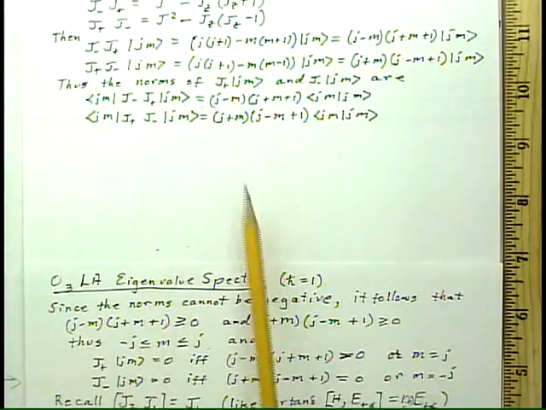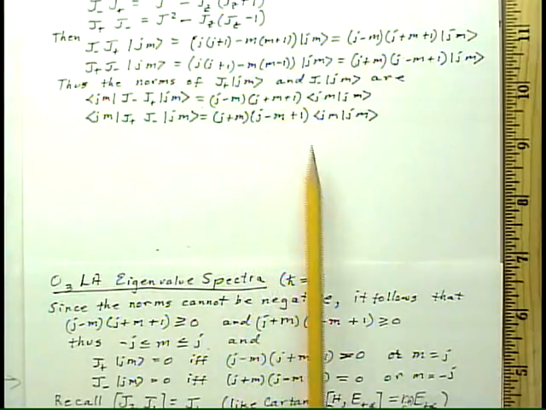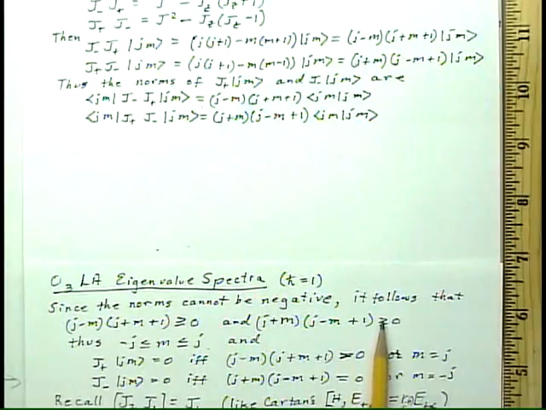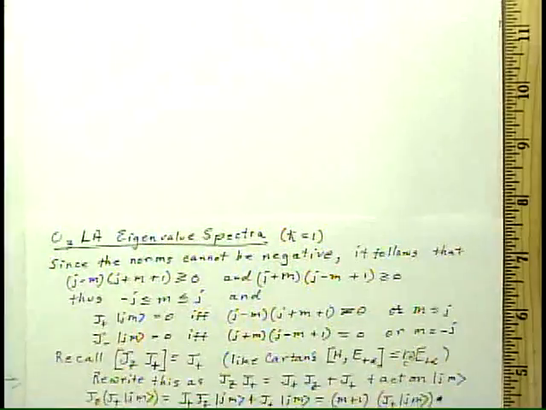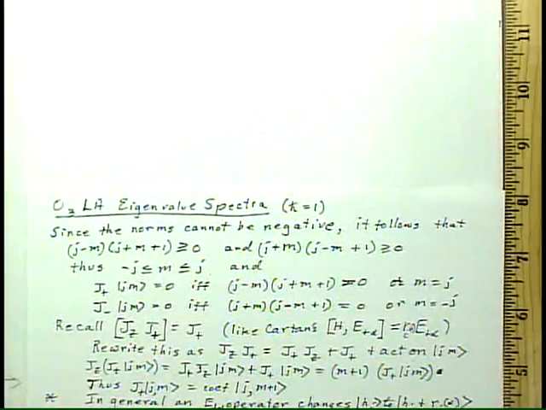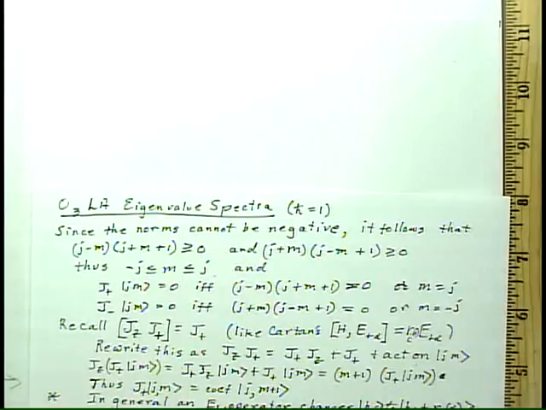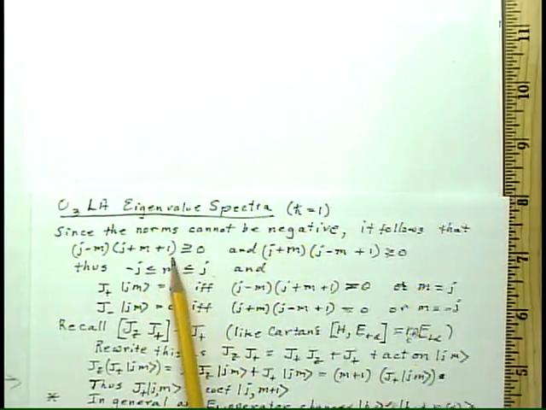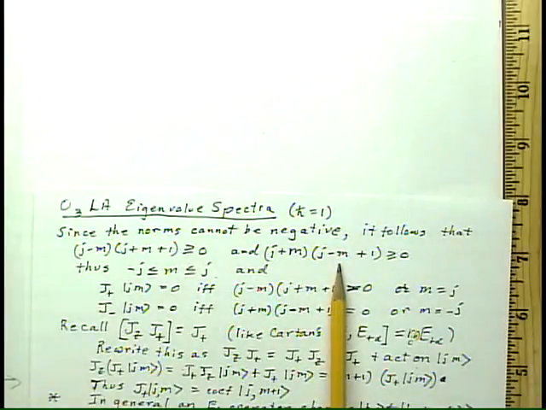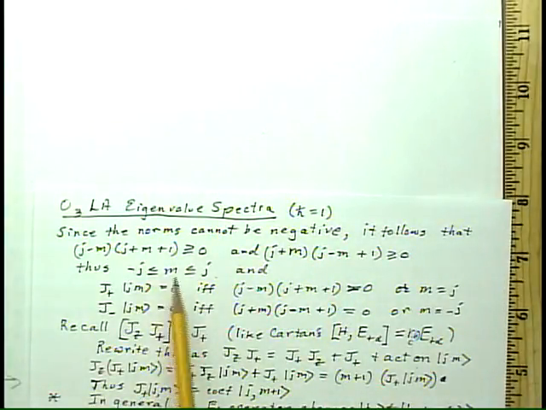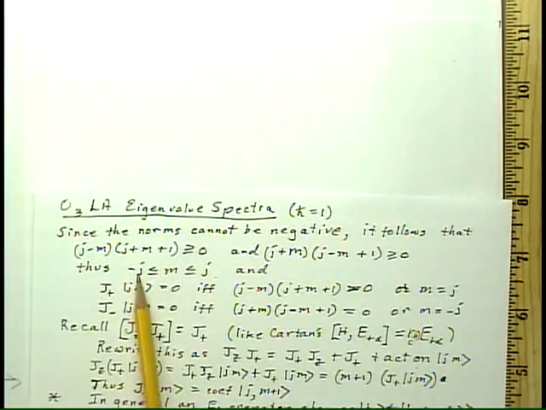Consequently, also, this other term, (j plus m) times (j minus m plus 1), also has to be greater than or equal to 0. It follows then that since both this must be greater than or equal to 0, and this must be greater than or equal to 0, it follows that m must be between minus j and plus j.